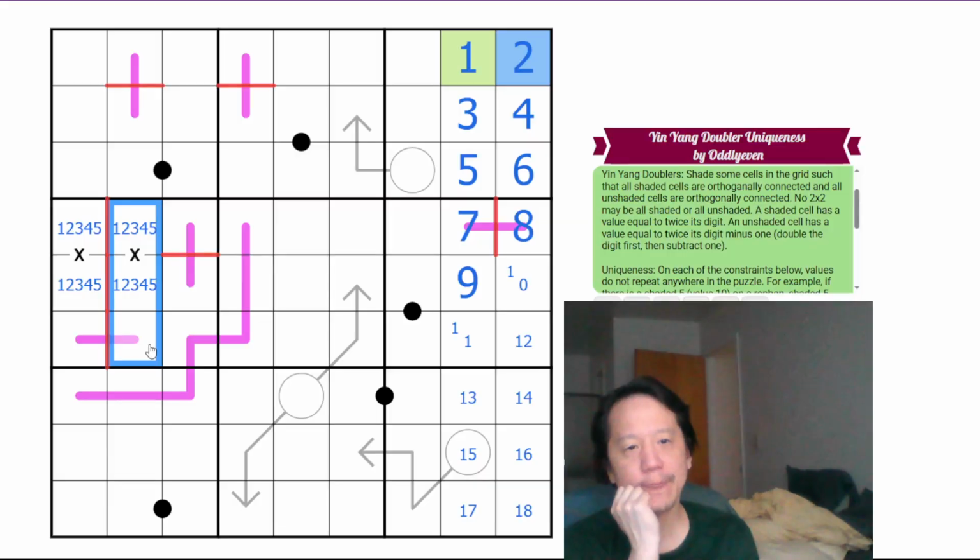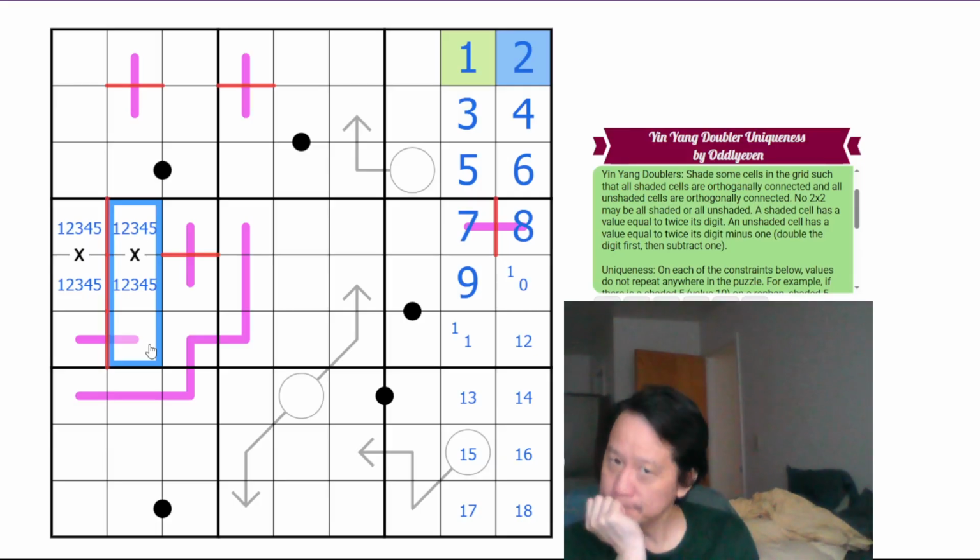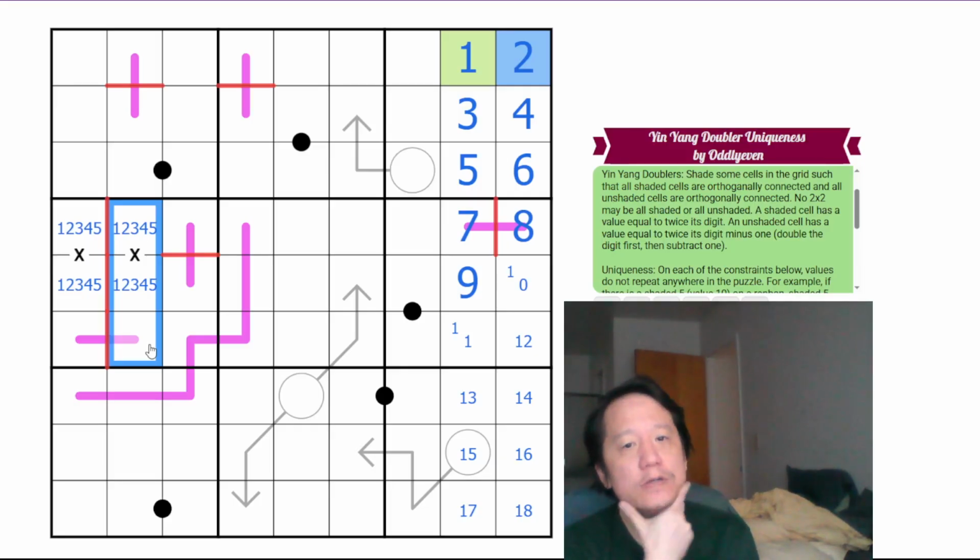Okay. That's interesting. So 1 would be unshaded with 5. 1 could also be shaded with 4 shaded. 2 and 4 could be unshaded there.